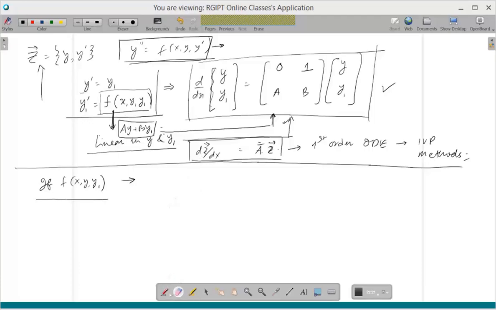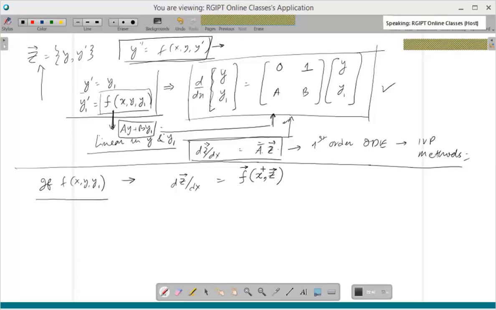In general, I can write this down as dz/dx equals some function of x and z, right? Because z is nothing but y and y prime together. So I'm going to write dz/dx in the combined manner.